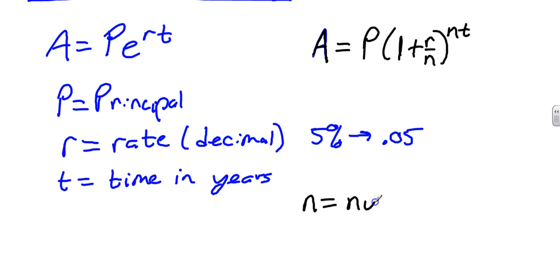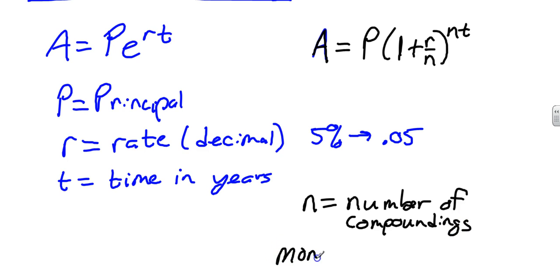that's the number of compoundings that you're going to do. And they shouldn't get too crazy when they talk about what the n value is. It should be monthly, where it'd be 12, daily would be 365, could be quarterly where it's 4. They might give you biannual or bi-yearly or something, but hopefully it'll just be monthly or daily or weekly.